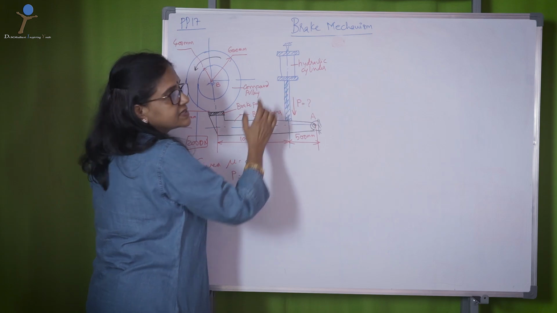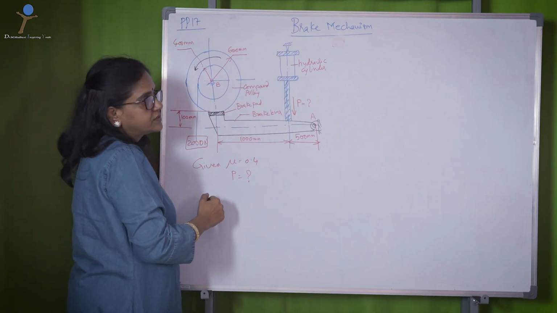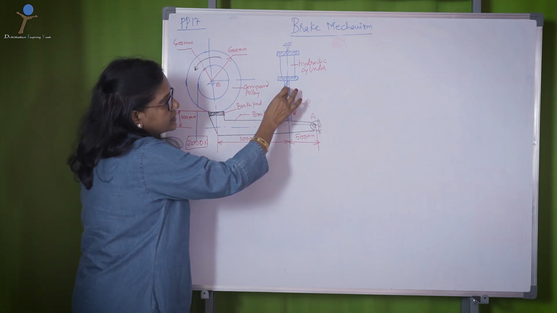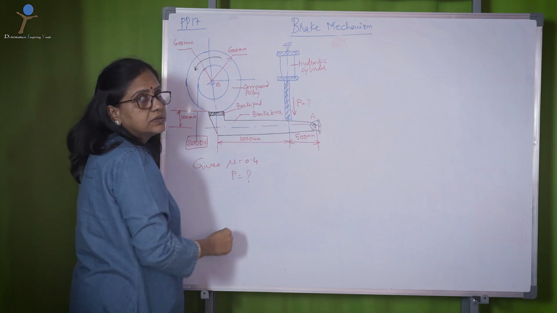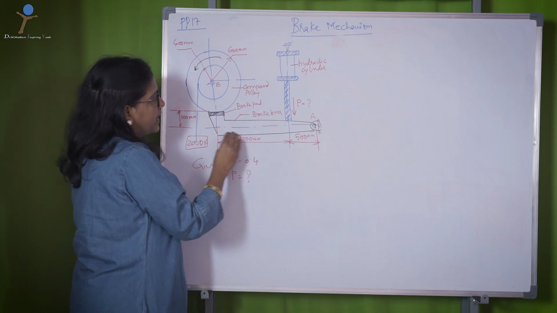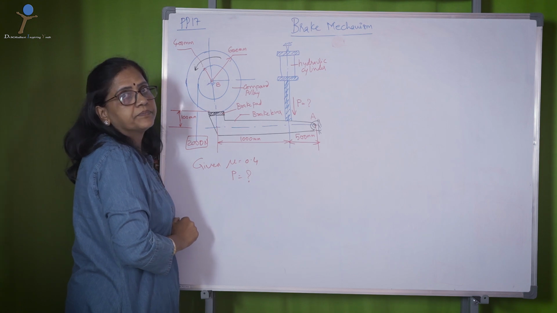This is the hydraulic system, where the cylinder and the piston are hydraulically operated. The piston moves down on the lever to arrest the motion of the pulley.